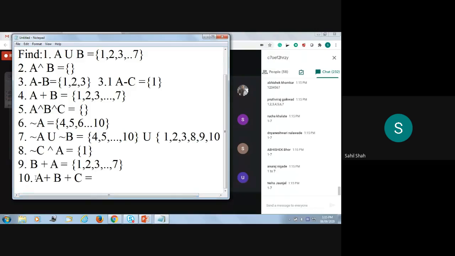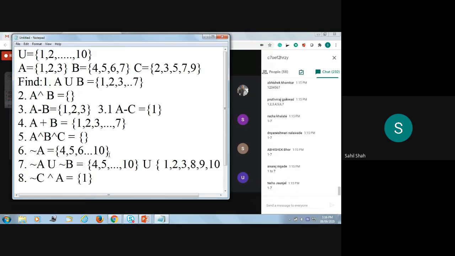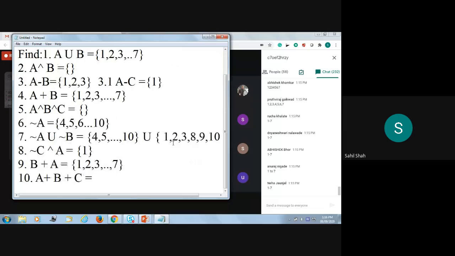First of all, compute A plus B. You are going to have 1, 2, 3, up to 7. Then compute with respect to C and tell me the answer. Now the answer will vary. 1, 2, 3, 4, 5, 6, 7, 9, Abhishek is saying. Okay, let me cross check. I will say this set is 1, 2, 3, up to 7.